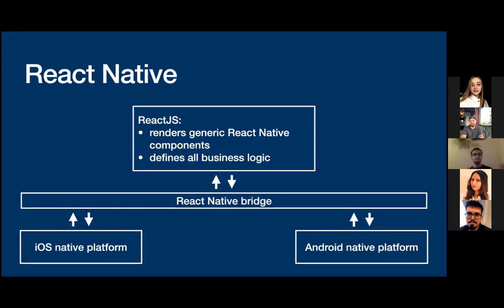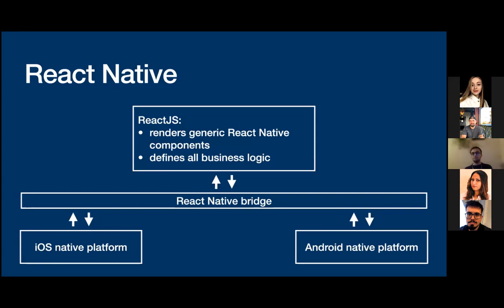Okay, perfect. Thank you. Sure. So another advantage of React Native is that you're developing an application much faster than you would using native platforms, right? Because you're developing one app and then making it suitable for both platforms.